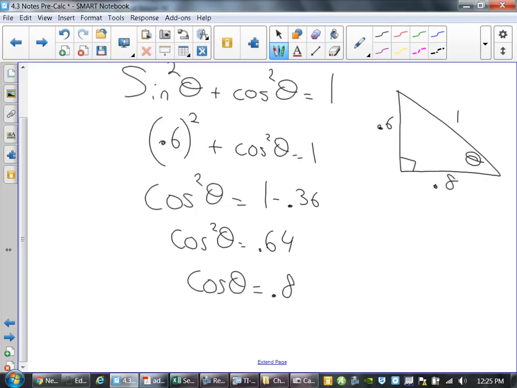Okay. And now, if I have this, what's the tangent of theta? Louder, Mr. Murphy? 0.6 over 0.8. So your tangent of theta works out to be 0.6 over 0.8, whatever that is.